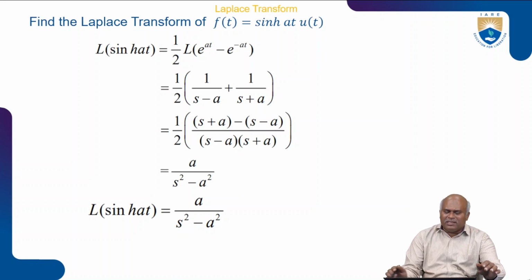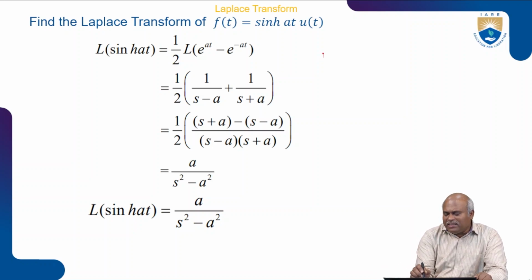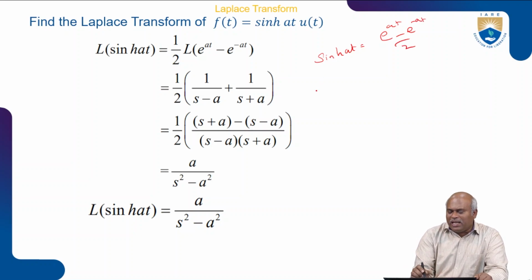Find the Laplace transform of f of t equal to sinh at u of t. So sinh at is equal to e power at minus e power minus at divided by 2. As per the Laplace transform, this term is equal to the Laplace transform of this term.